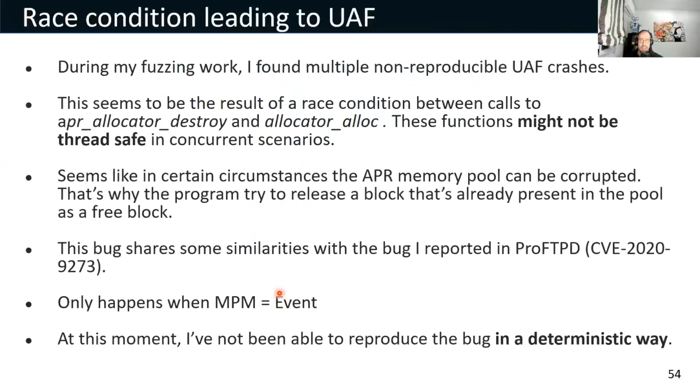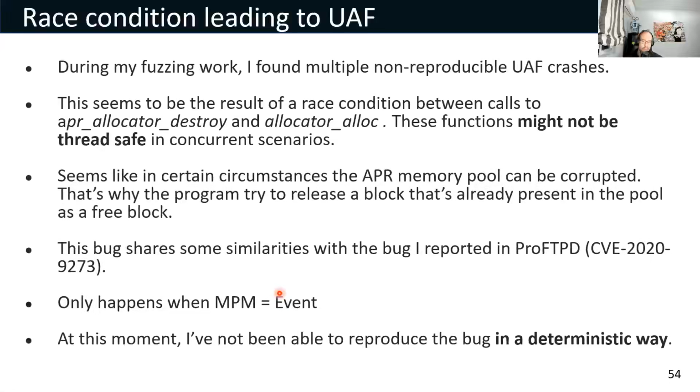Now I'm going to explain something totally different. In this case, this bug is a race condition leading to a use-after-free, affecting the Apache core. So during my fuzzing research, I found multiple bugs that I wasn't able to reproduce again. After going deeper into that, I discovered a kind of race condition between allocation and destroy functions of APR.